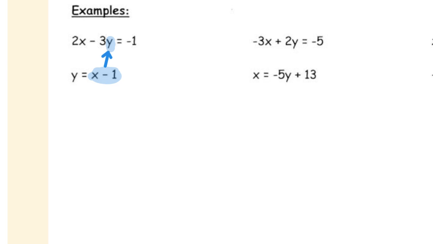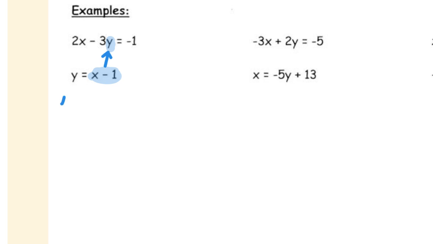So if we are replacing something, we are substituting it in. So if y is x minus 1, then wherever I see y, I need to plug in this x minus 1 expression, okay? So remember, we're going to take two equations with two variables. We have x's and y's here. And we're going to make one equation with one variable.